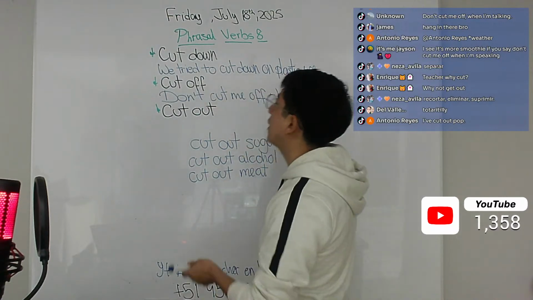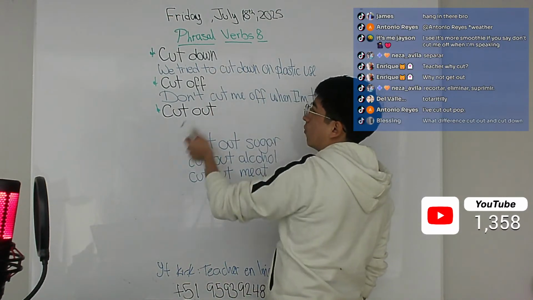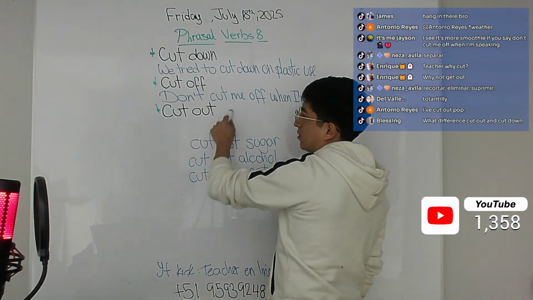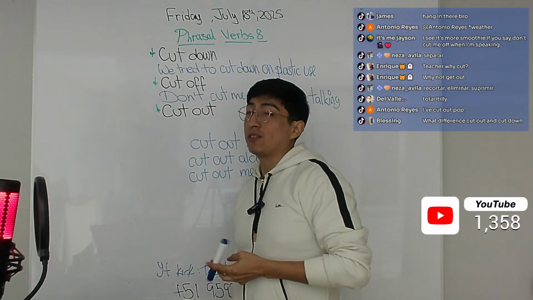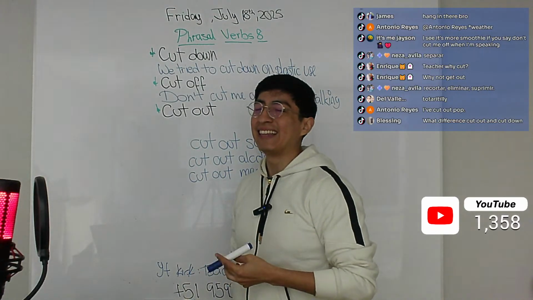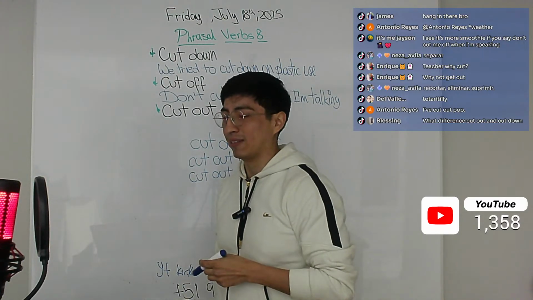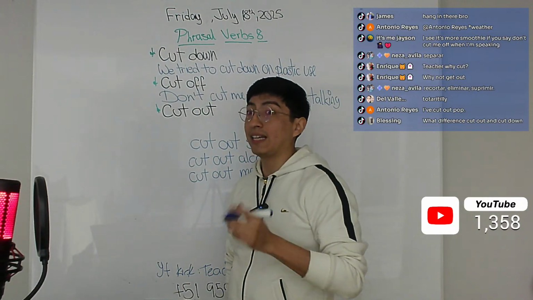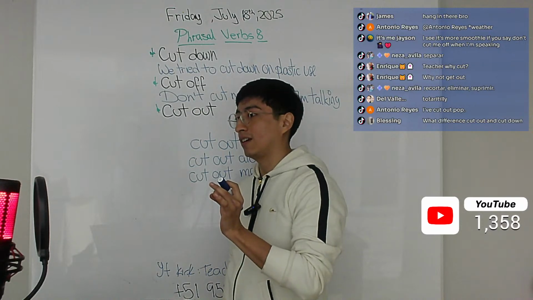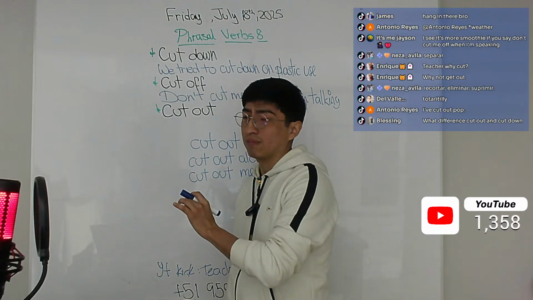Teacher, why do I have to use on here and why is it necessary here? Well, this is a mystery. No, it isn't a mystery. It has a linguistic explanation.